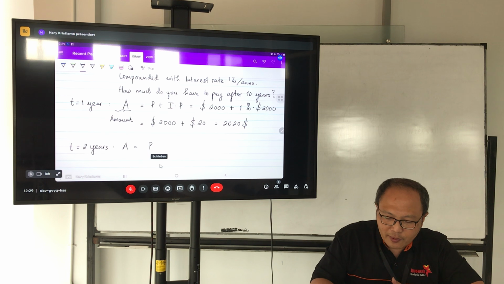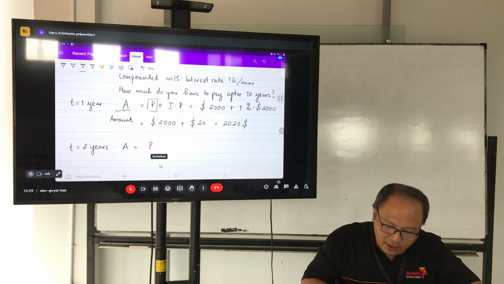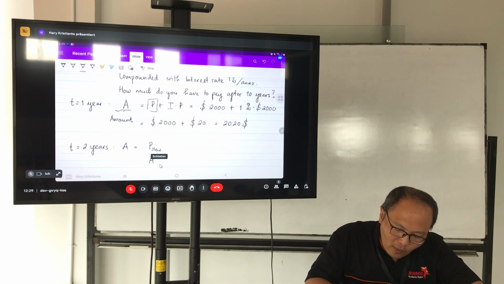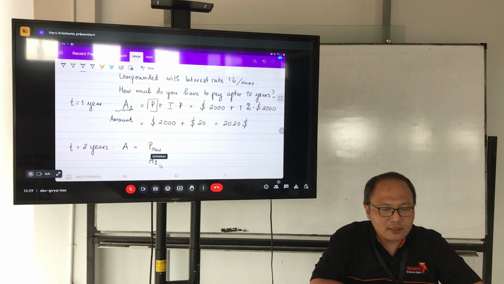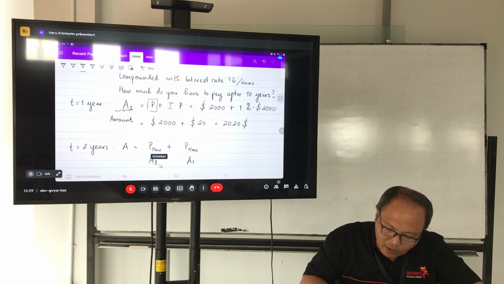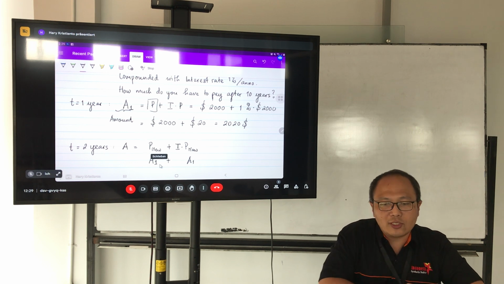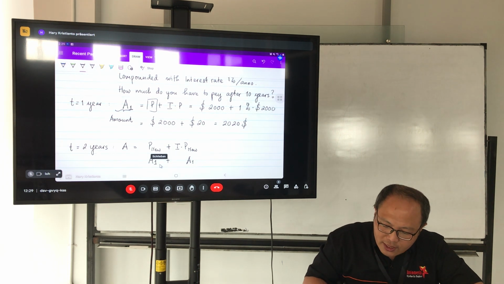It's no longer the principal we had at the beginning, which is 2,000, but rather the new principal, which is the A after 1 year. This new principal, the A1 amount after 1 year, will be burdened with interest that is due to be paid.